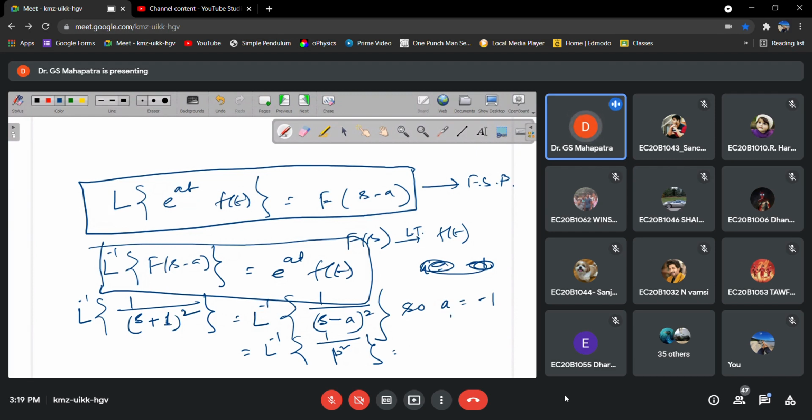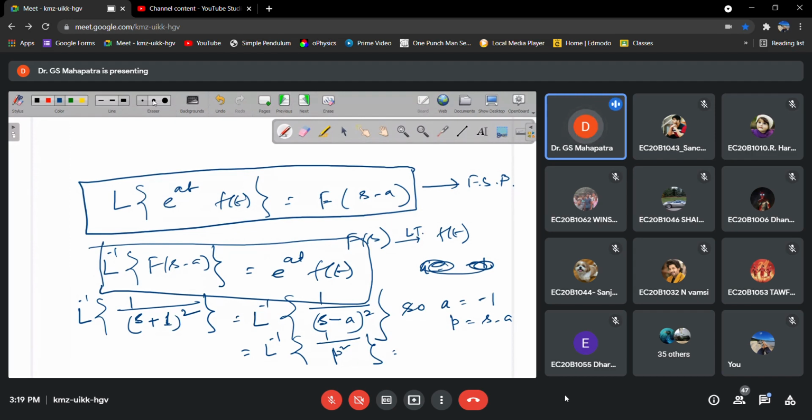Now what is p then? Here p is s minus a, correct? So this one you know, but (s minus a) whole square you don't know the Laplace transform. If p is a problem, you can write s also.